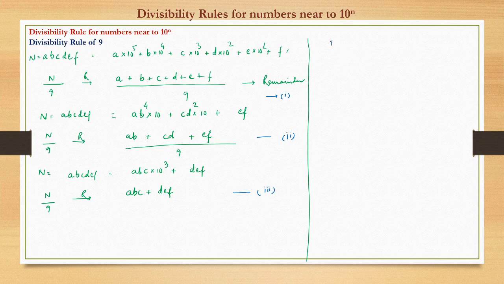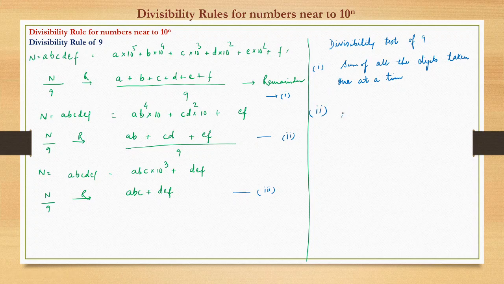So for divisibility test of 9, either I can first check the sum of all the digits taken one at a time. If this is divisible by 9, then the number will be divisible by 9.